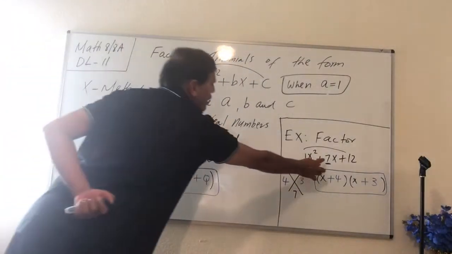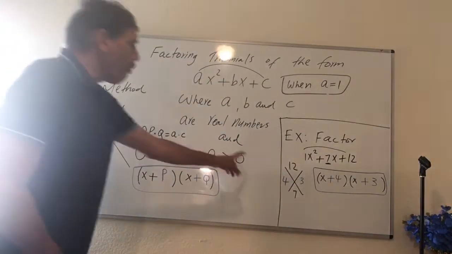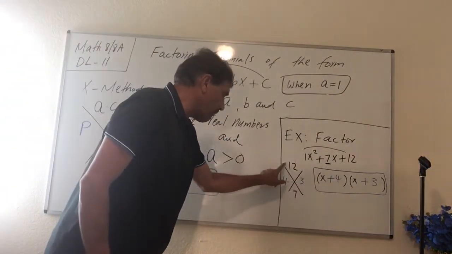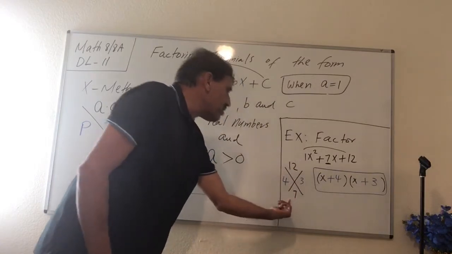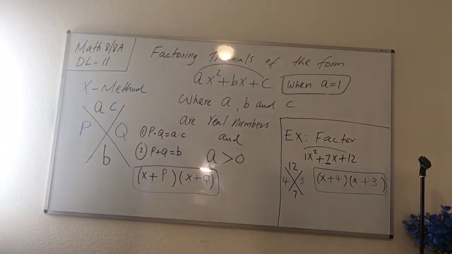The number in the middle is 7, which goes at the bottom. Now, 4 times 3 is 12, and 4 plus 3 is 7. That's the only combination that's going to work. Some people say 6 times 2 is 12, but 6 plus 2 is 8. If it's factorable, you only see one unique combination. Otherwise, if you cannot think of anything, it's not factorable, and you call it prime, just like prime numbers.